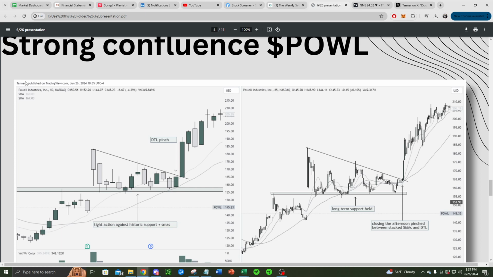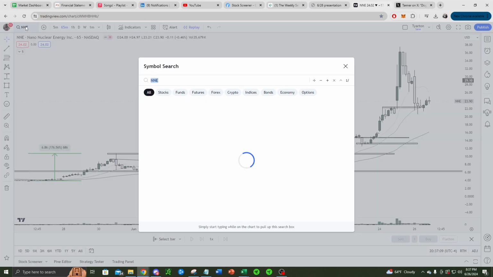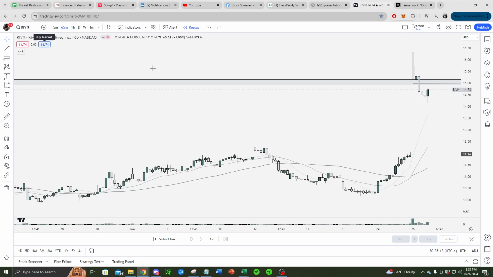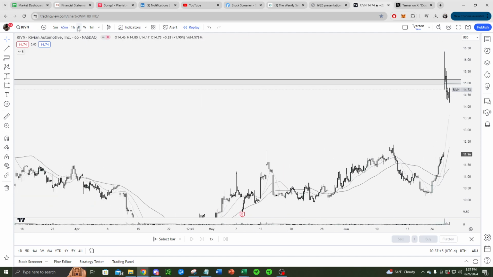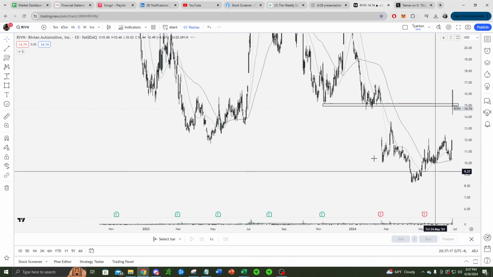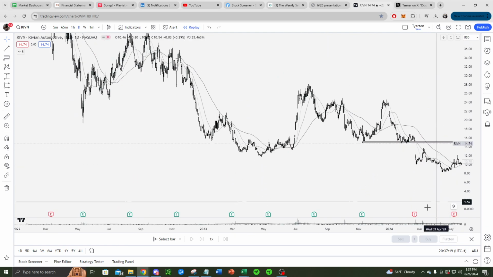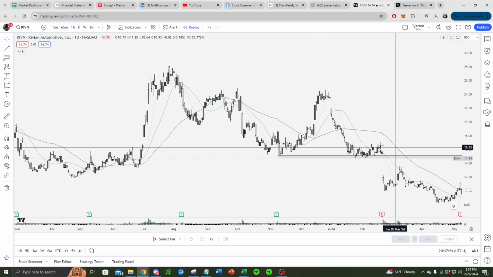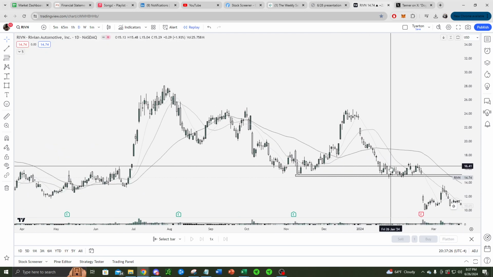Example on Rivian? Yeah, sure. I traded Rivian a while ago, and let's see if I can find that example.